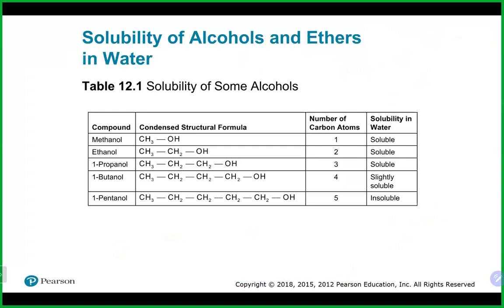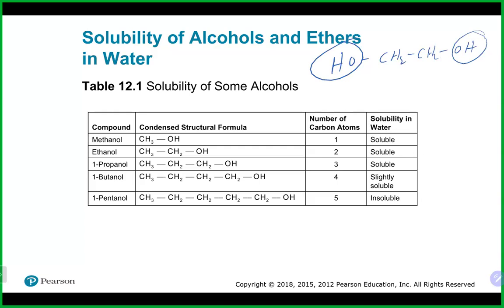So for example, if you had something like this, something that has 2 OH groups on it, that would definitely be much more soluble than something with 1 OH, because anywhere there's an OH group, it gives it an opportunity to interact well with water, and it's basically able to make it more soluble.